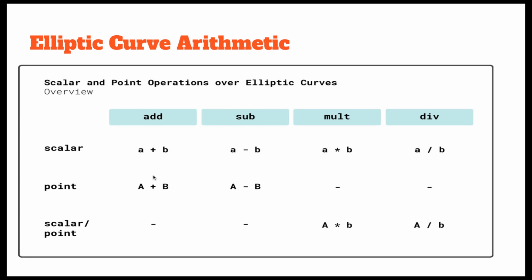But with a scalar and a point, we can multiply a scalar with a point and even divide a point by a scalar. And we do scalar-point multiplication for calculating the public key, where we multiply our private key with the elliptic curve generator point.